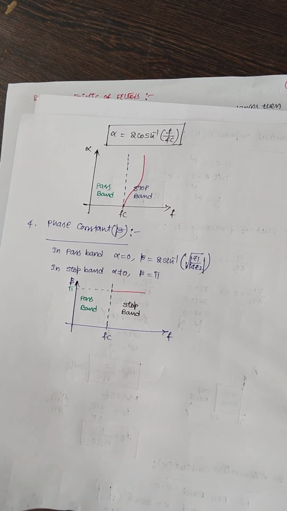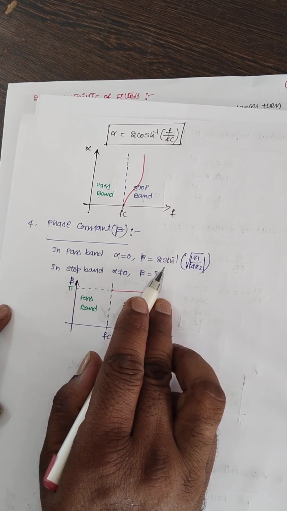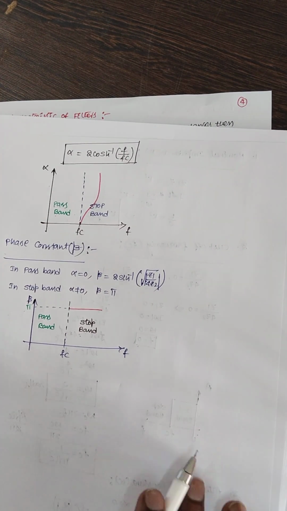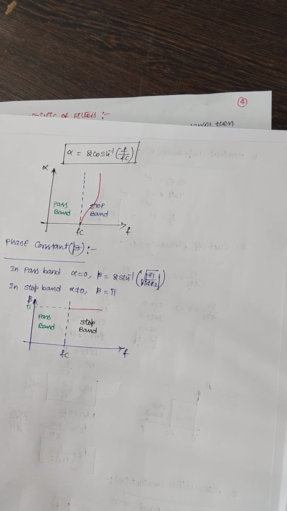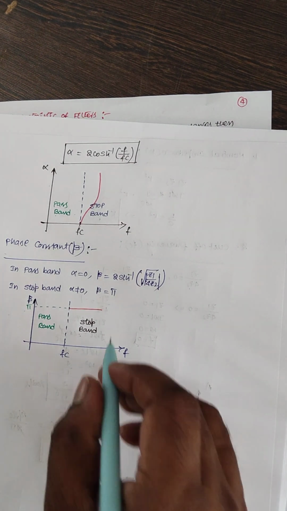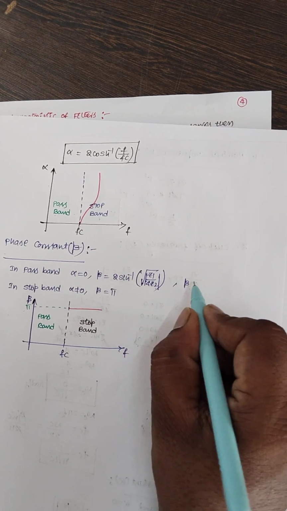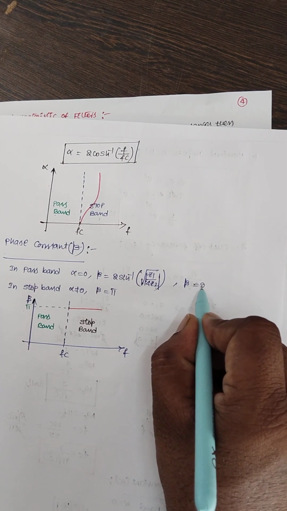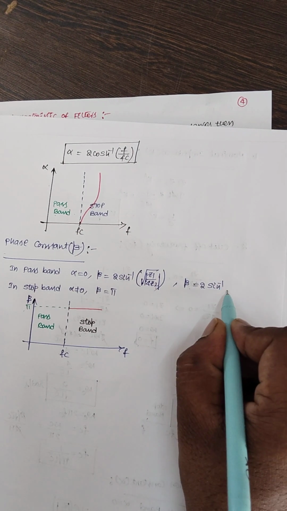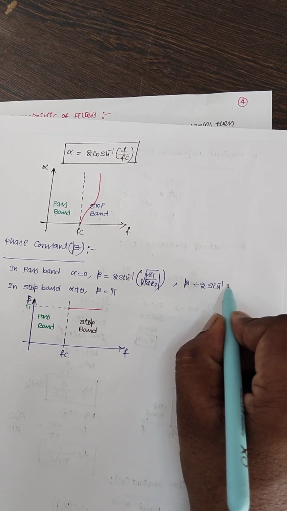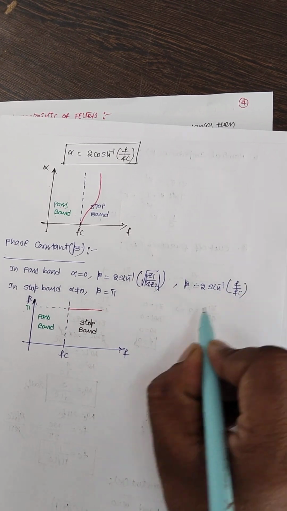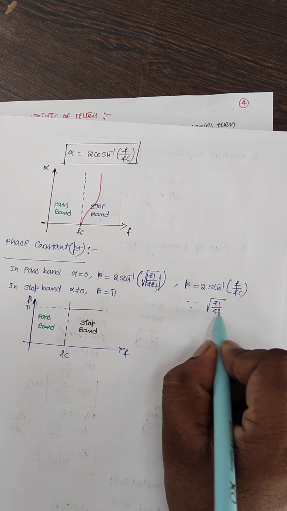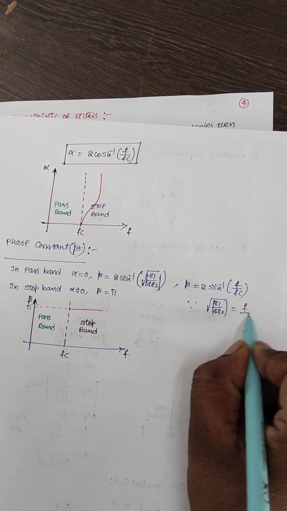In pass band, beta has the expression 2 sine inverse of square root of z1 by 4z2, and we already calculated that the modulus of square root of z1 by 4z2 is f by fc.